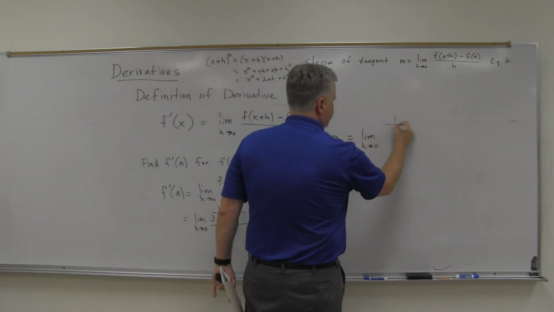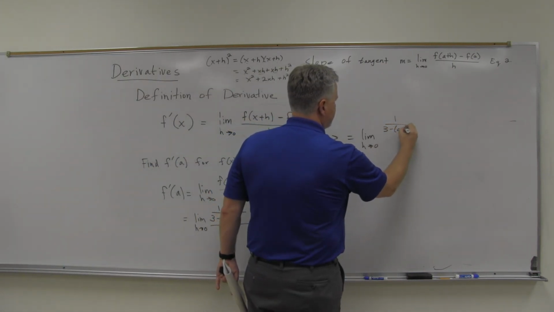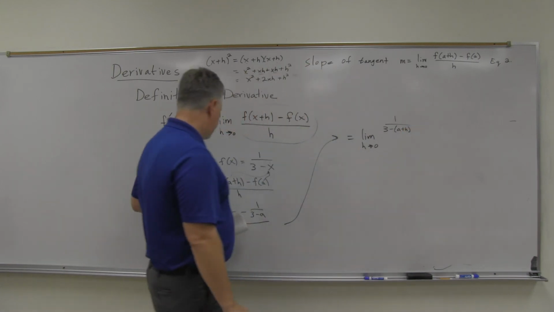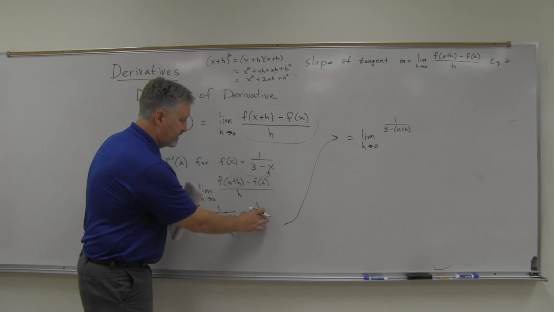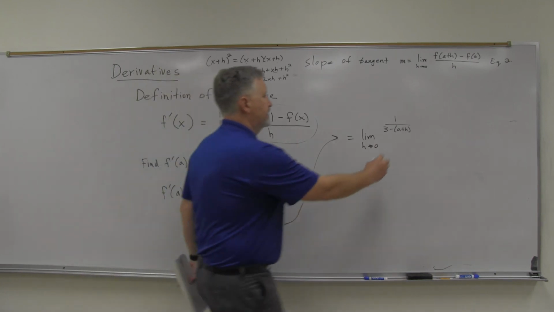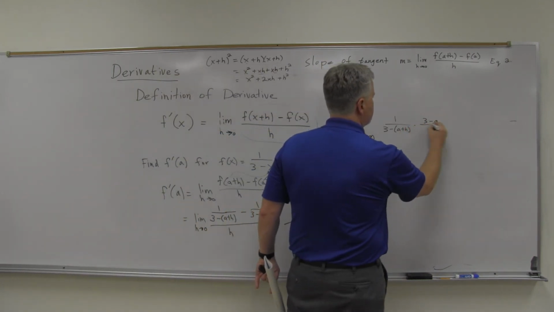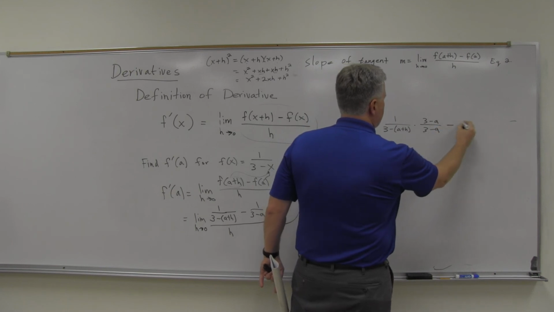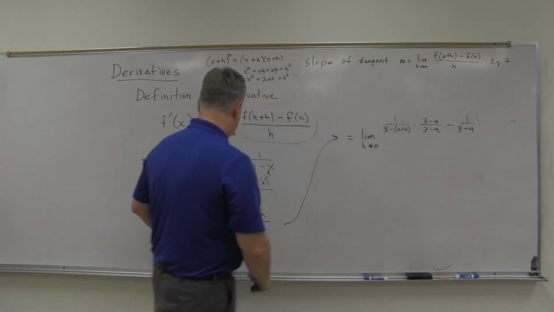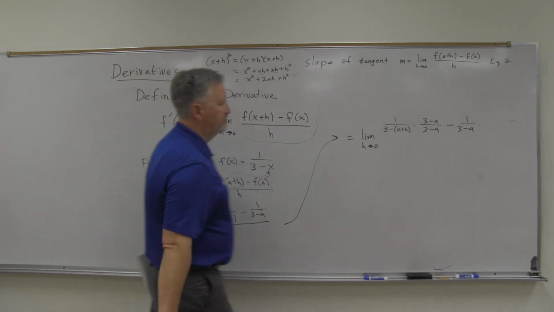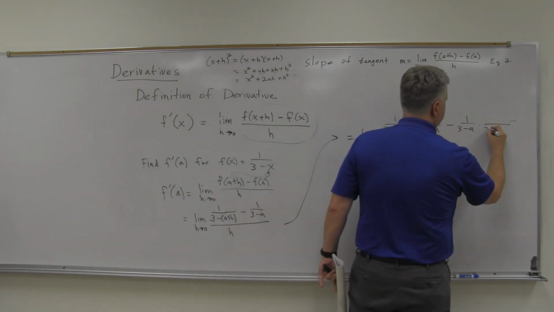I'm going to write it down. If I need this times that to be the denominator, then the first one I need to multiply by 3 minus a over 3 minus a. And then the minus 1 over 3 minus a, well, it's going to need the 3 minus the a plus h, top and bottom.